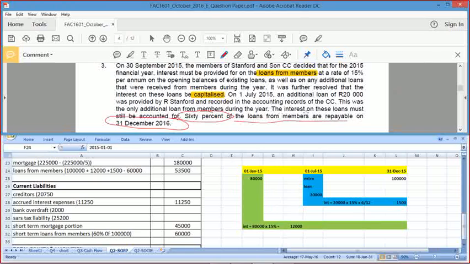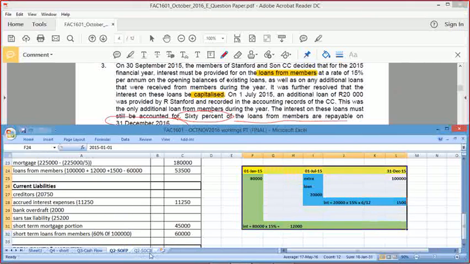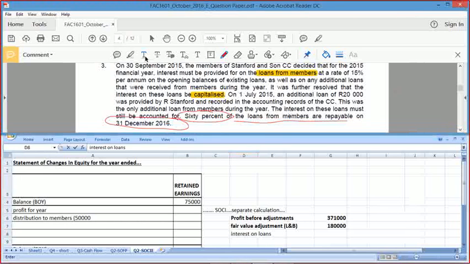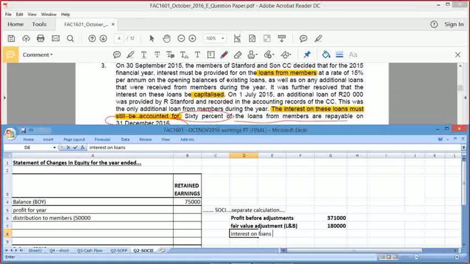If you still need to account for the interest, where else must I put the interest? What do you mean I must still account for it? It hasn't been accounted for, that's what the question said. But I added it there at loans from members. Yes, I accounted for the capitalization of the loan, but I didn't account for the interest in the profit calculation.